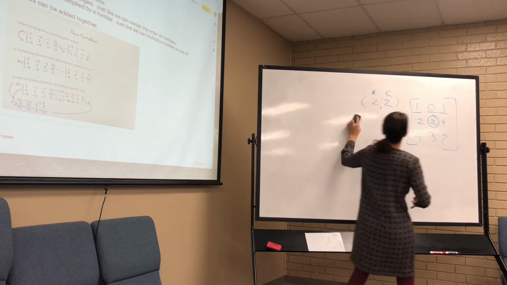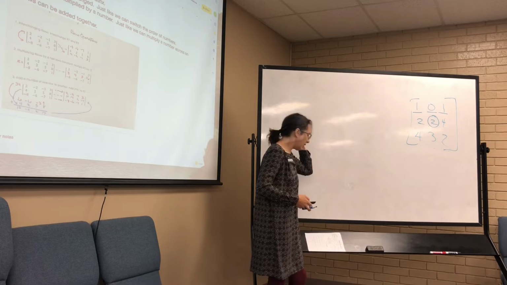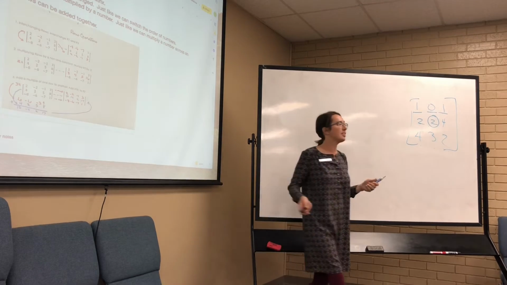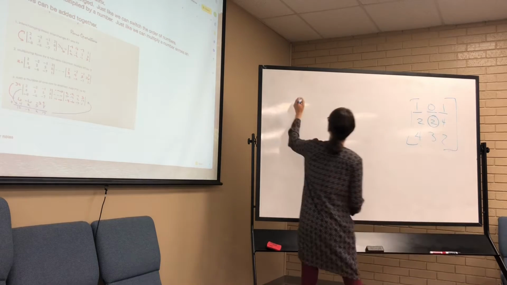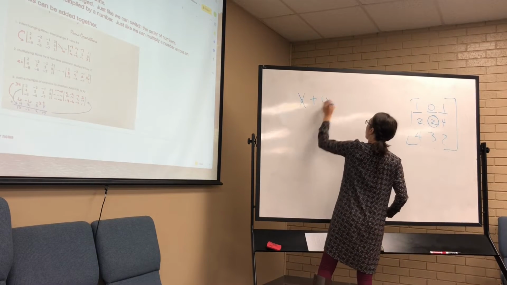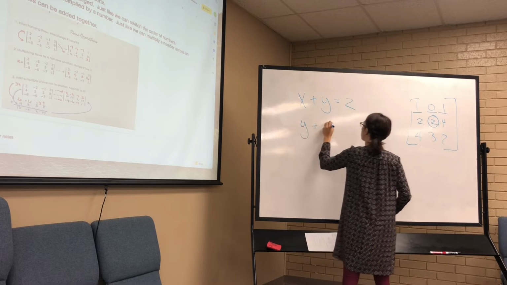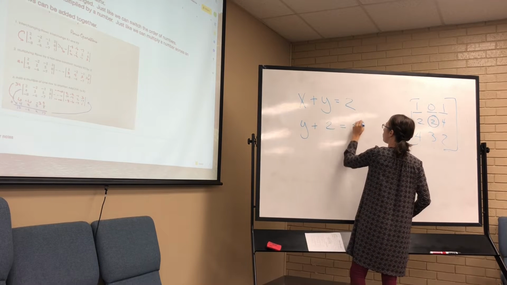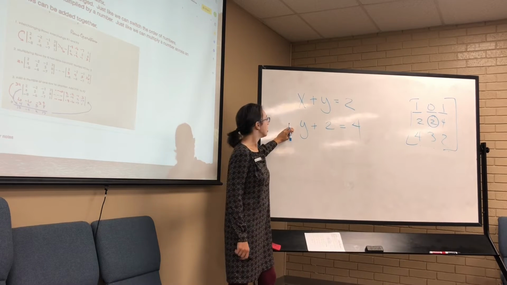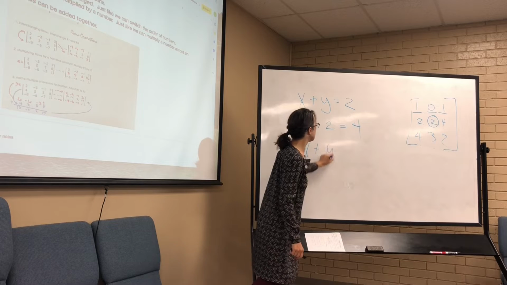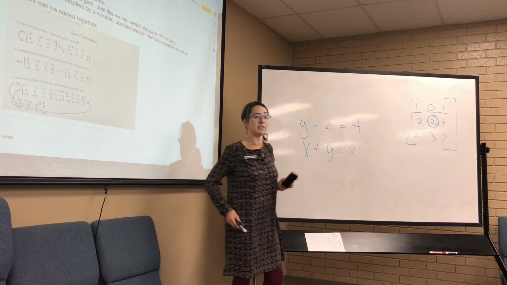So looking at your operation sheet, there are different operations that you can do with a matrix, just like we could with math. So if I have x plus y equals 2, and y plus 2 equals 4, and I wrote them like this on the board, could I also write them like that?